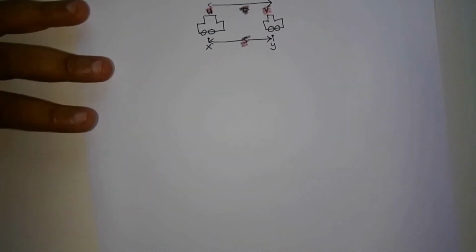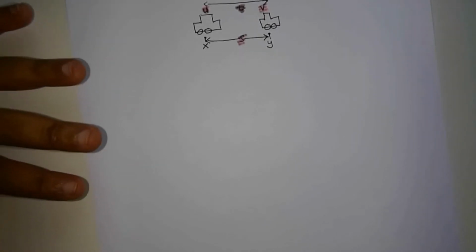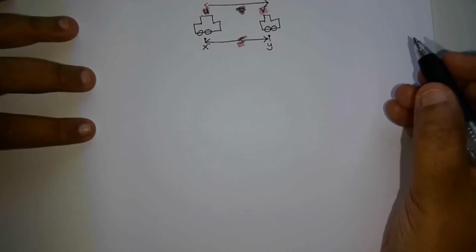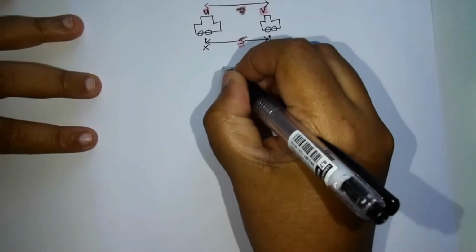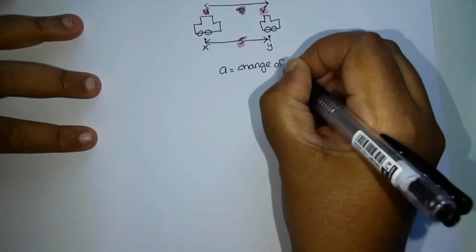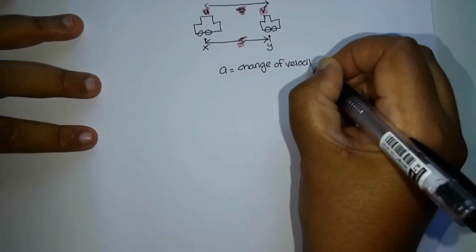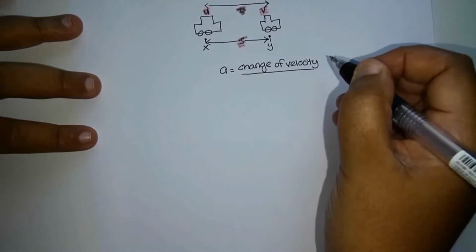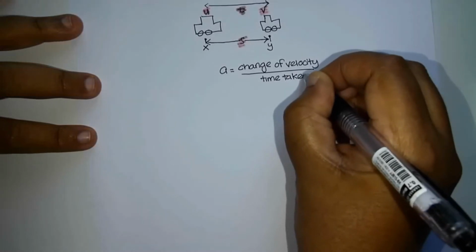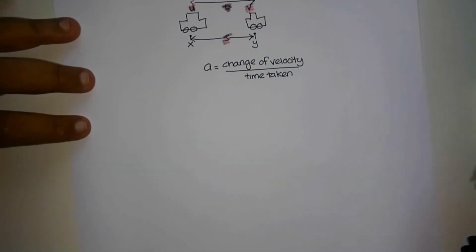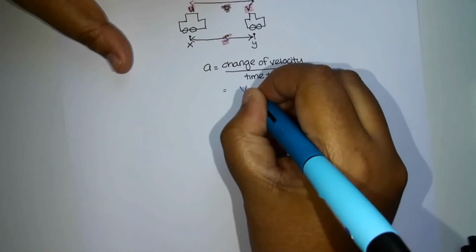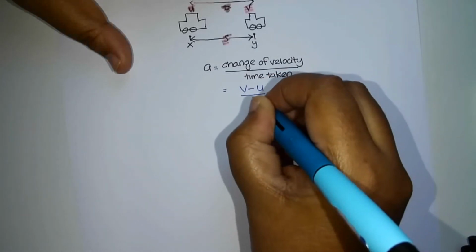From the concept here, we know that the definition of acceleration is change of velocity divided by time taken. In this case, the change of velocity from one point to another will be the final velocity minus the initial velocity, divided by time taken.